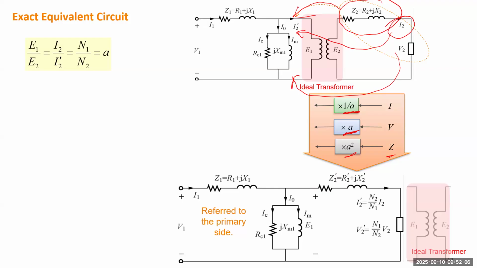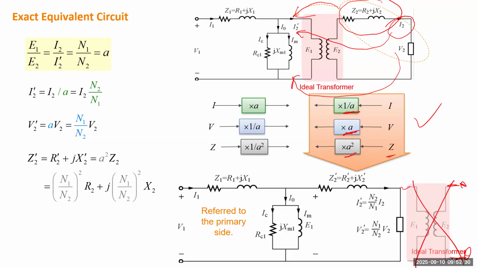And for the values, for the impedance, current, and voltage, you just utilize this transformation to get their transformed values. Then the ideal transformer on the right-hand side becomes an open circuit, so you can get rid of this ideal transformer. So you get a single circuit representing both windings of the transformer.